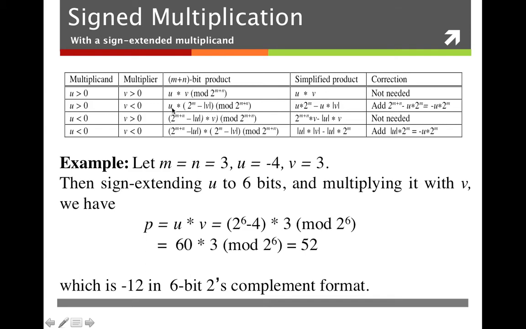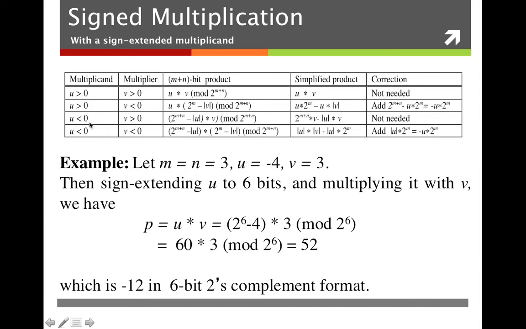A sign extension here, by the way, means that we're going to be putting zeros on the left hand side of the representation. So zeros padded on the left of the most significant bit of u will not change its value. That's why you see that u remains put here. So in that case, this is exactly how we had it before in the earlier slide, and so we still need to do a correction.